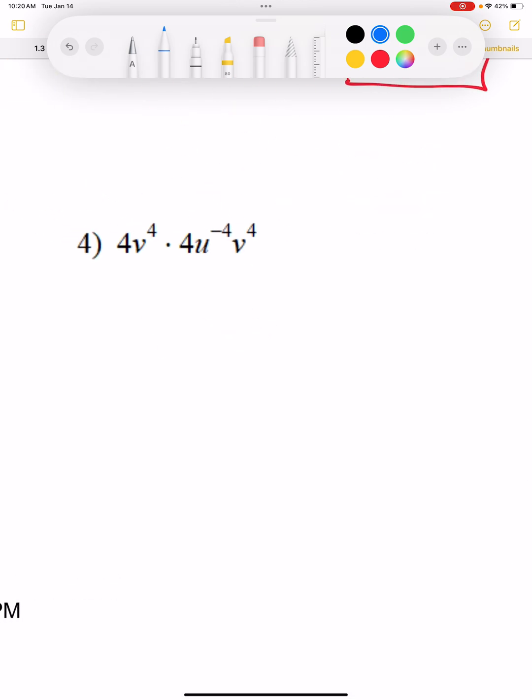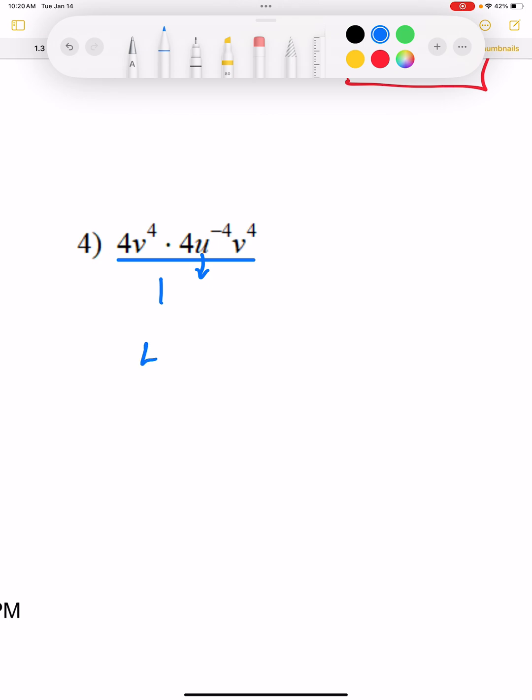All right. So I got 4v to the 4th times 4u to the negative 4th times v to the 4th. So I'm going to go ahead and deal with that negative exponent. Since everything's being multiplied, I could think about it like one big term. And then this comes down to the denominator.